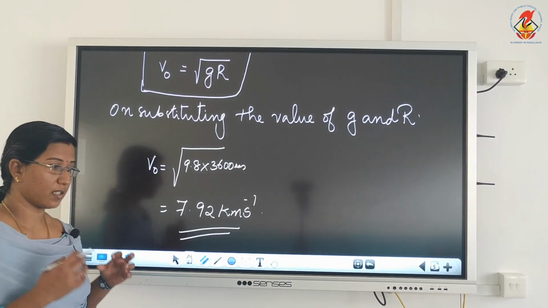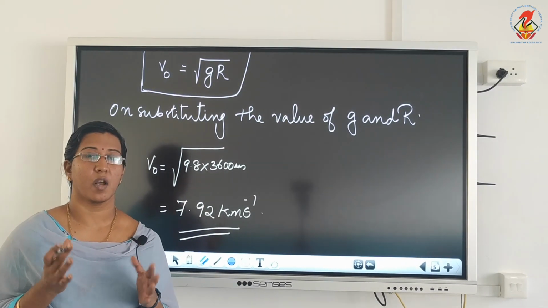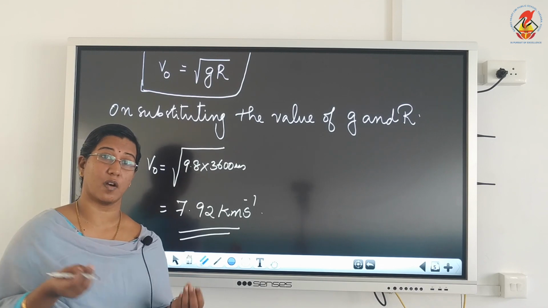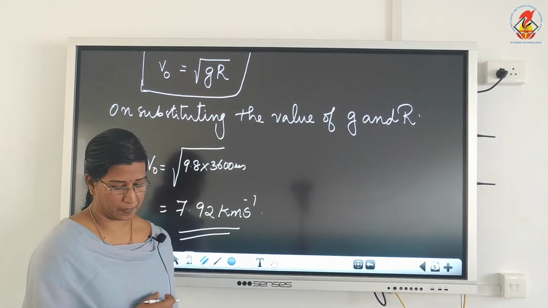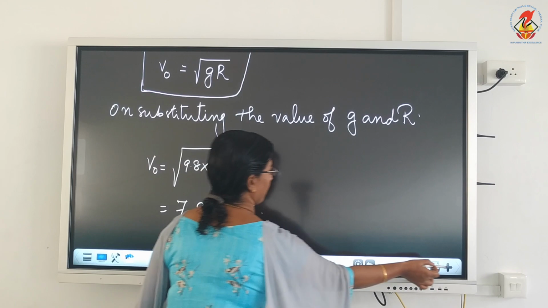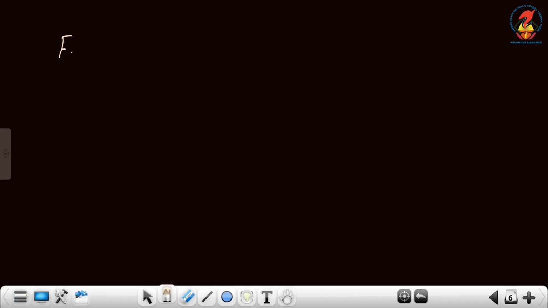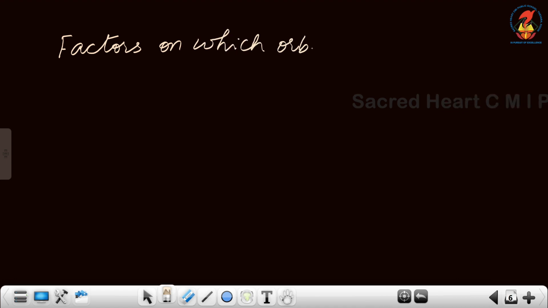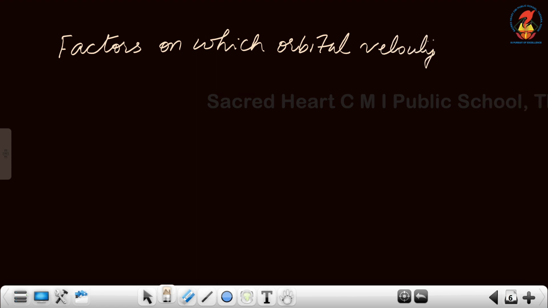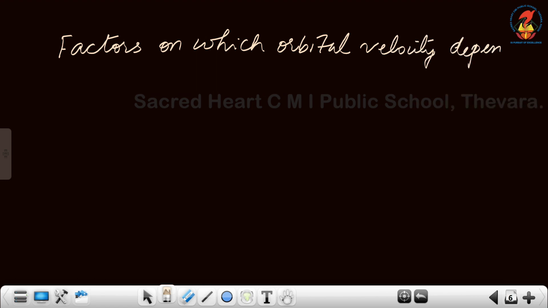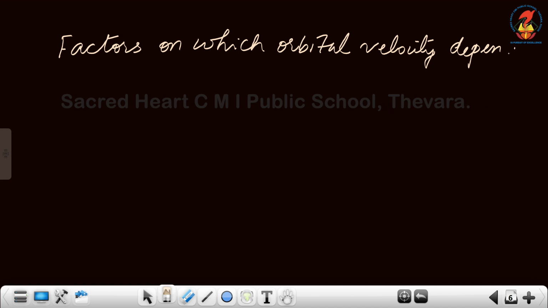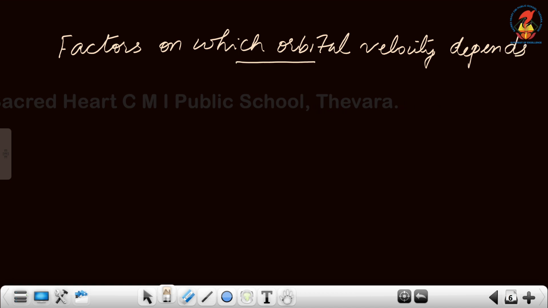Now let us see what are the factors on which orbital velocity depends, and what are the factors on which it is independent. I am going to say both together.